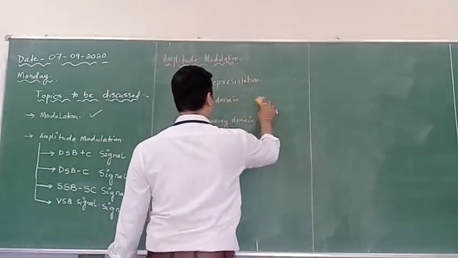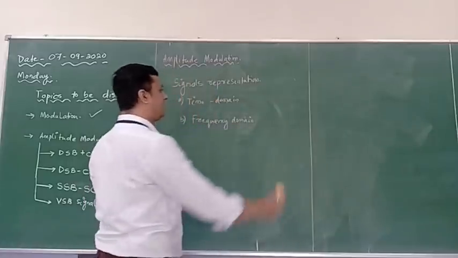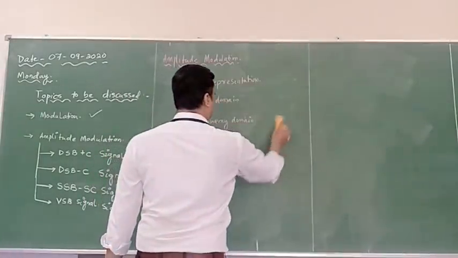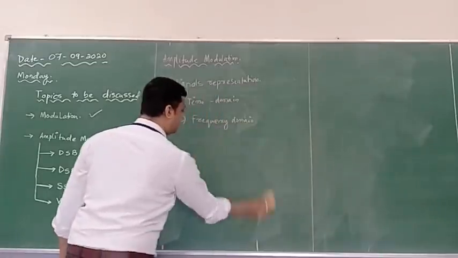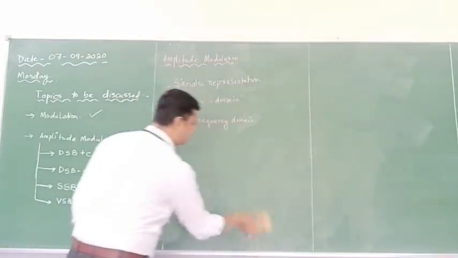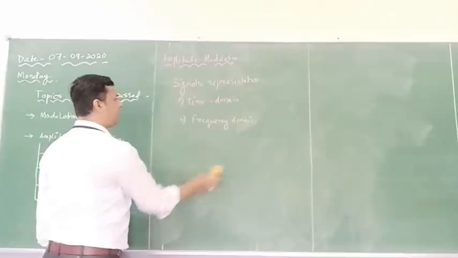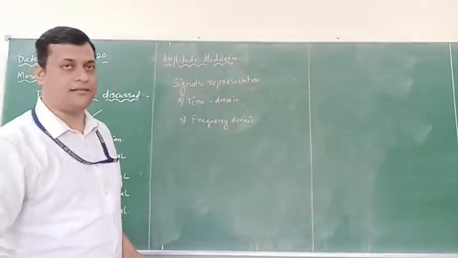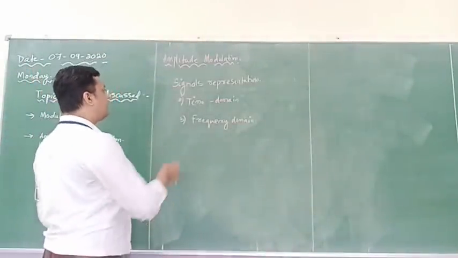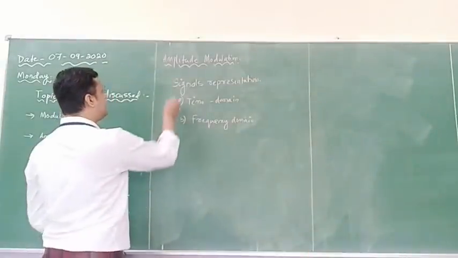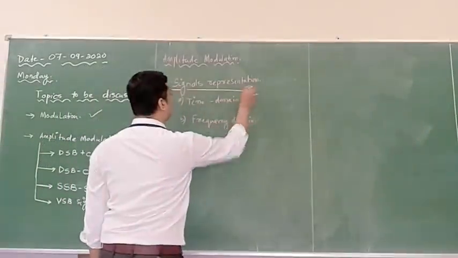You have already learned the Fourier transform and Laplace transform in mathematics, in network theory, as well as in signals and systems. So you are aware of those transformations. So this first one is our signal representation.